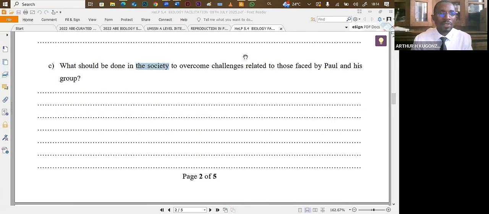Then, whatever responses you give, please make sure that you use evidence given in the scenario. You don't just bring anything because you think it is a correct response for that particular task.